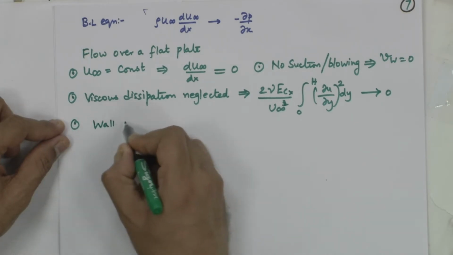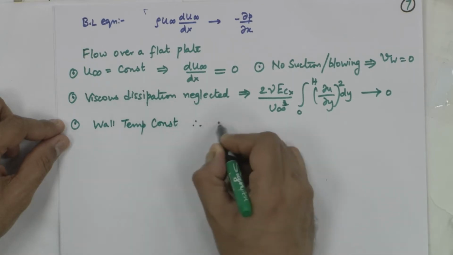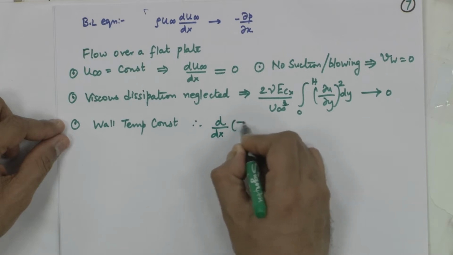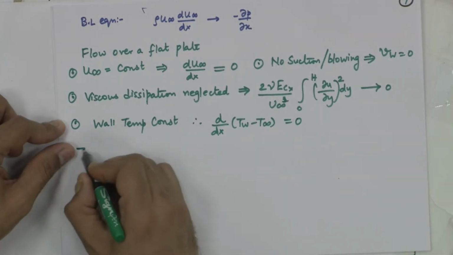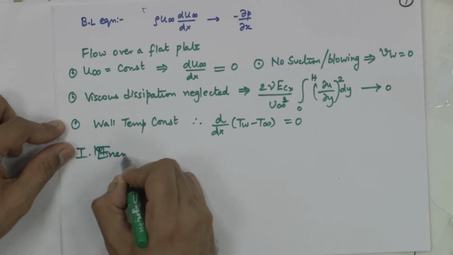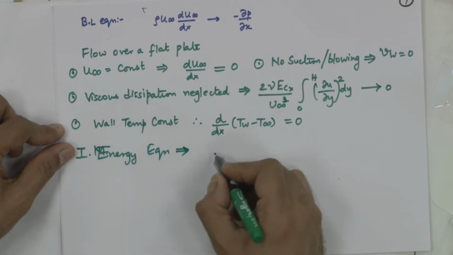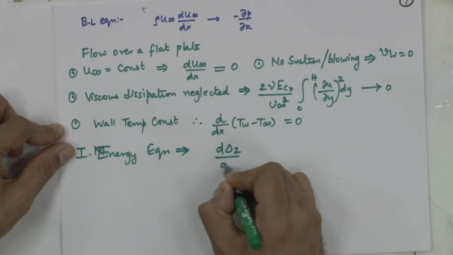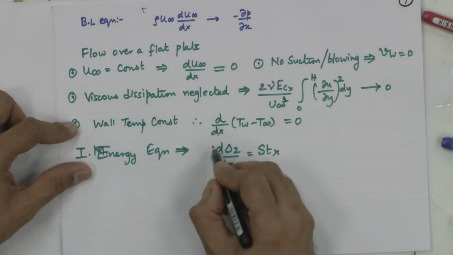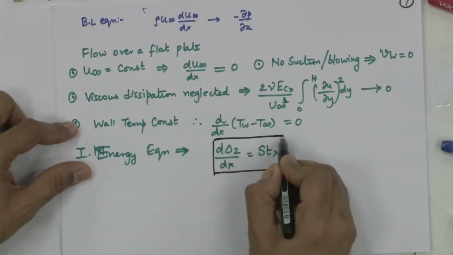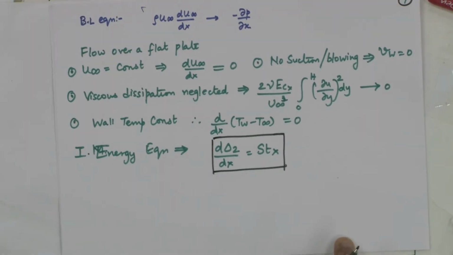Wall temperature constant, therefore, d by dx of T wall minus T infinity is 0. Therefore, the integrated energy equation becomes d delta 2 by dx is equal to local Stanton number. After dropping all the other terms, this is my simplified integrated energy equation.